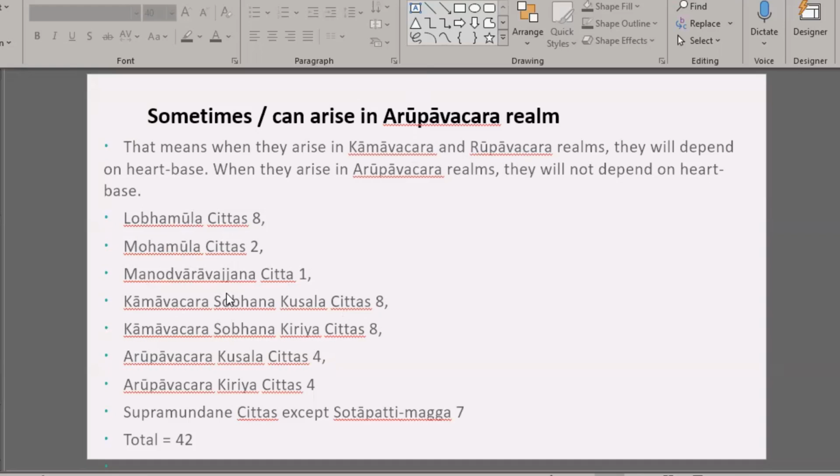Then for Manodvara Vajjana. So what are the functions of Manodvara Vajjana? There are 2 functions: Avajjana function, the adverting function, and Votthapana, determining. Can you remember those?